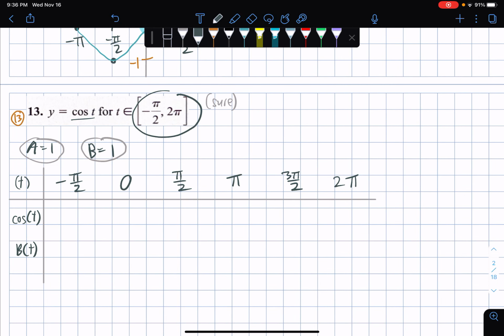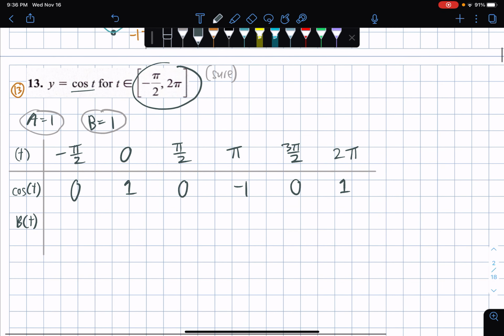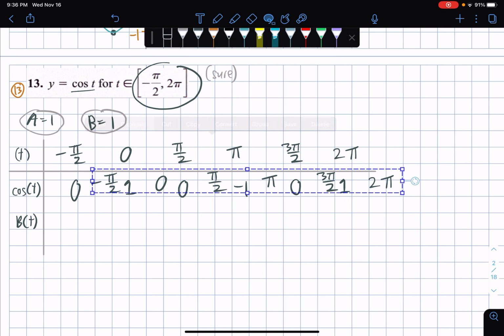So, similar to what we did in numbers 11 and 12, we multiply the t value with cosine. With that, the results are 0, 1, 0, negative 1, 0, and positive 1. And because the b is still 1, we just copy the values from t. Nothing changes at all.